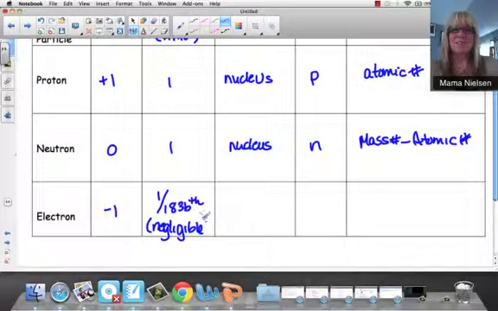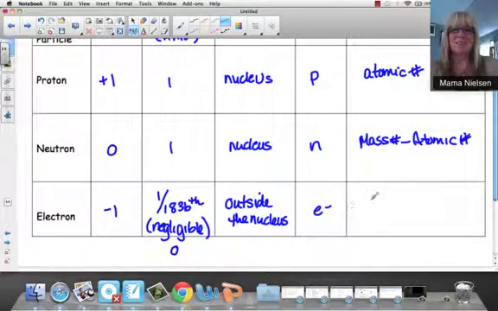So what we say really is that the mass is equal to 0 for purposes of this course. And it's found outside the nucleus. Symbol e minus. And remember what I said, protons equal electrons in a neutral atom.